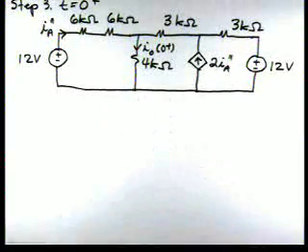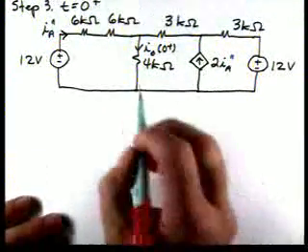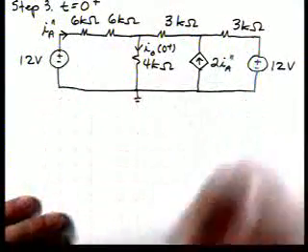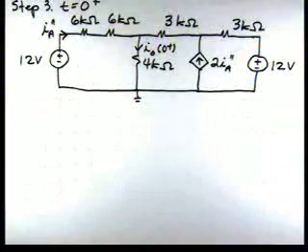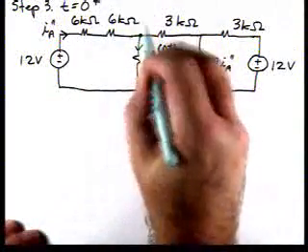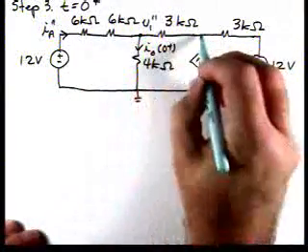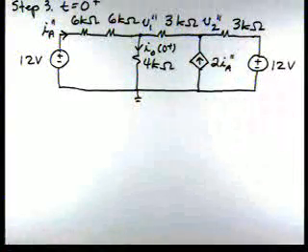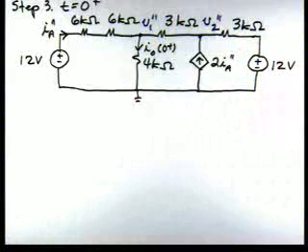Again, I'm going to use nodal analysis. If I look, there are several nodes, but a couple of them, for instance, this one and this one, are known. So I have a couple of unknown node voltages here, V1 double prime, and I'll call this one V2 double prime. So now we're going to need to write two equations.